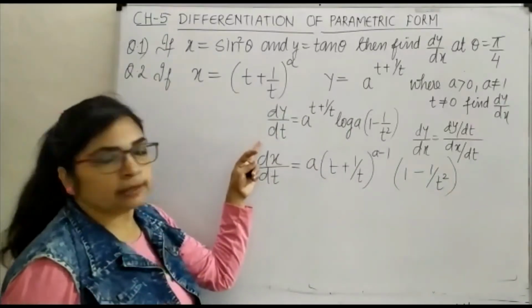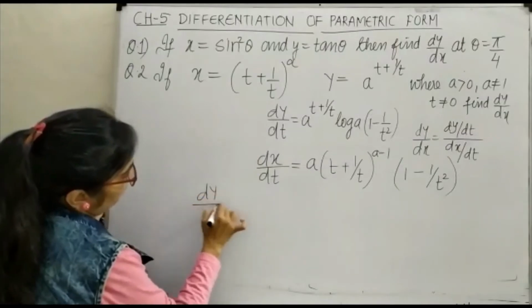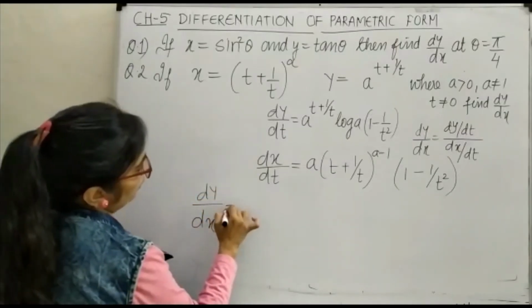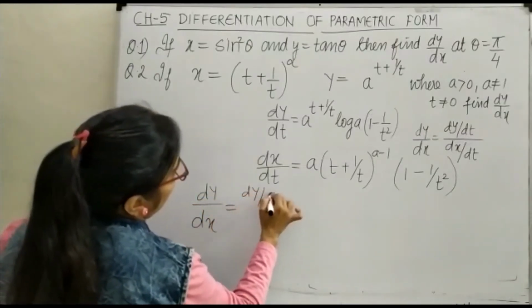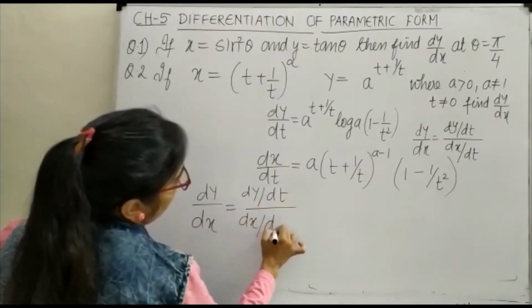You have found dy by dt and dx upon dt. Now your dy upon dx will be dy upon dt divided by dx upon dt.